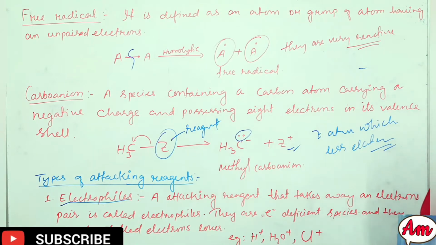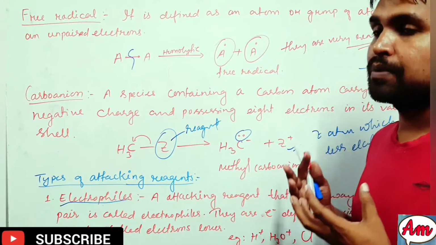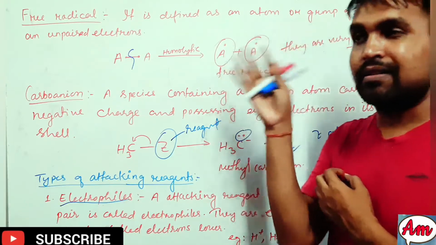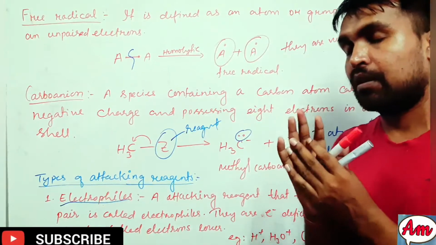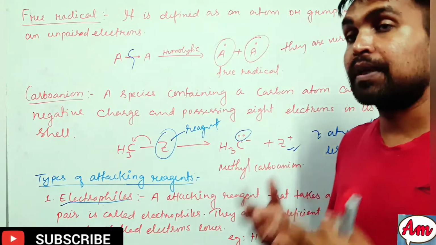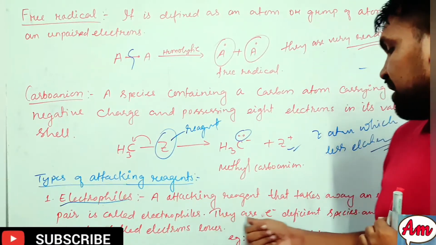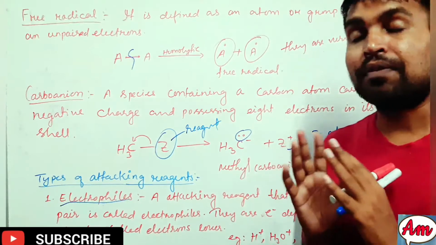Those electrophiles are hungry, they are poor persons, they don't have the electron. Poor person, I mean in the sense of electrons. They are desperately in need of electrons, so they have an electron deficiency. So they are electron deficient species. Okay, they are in short of electrons.